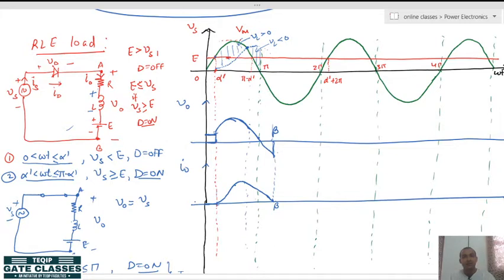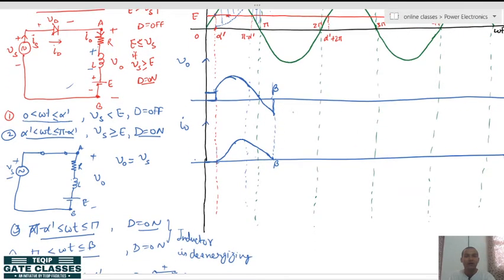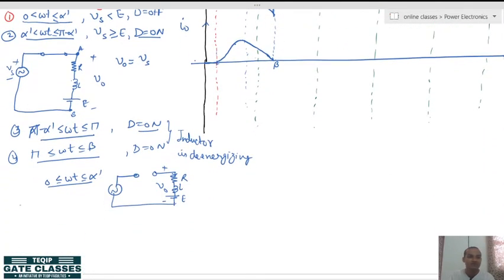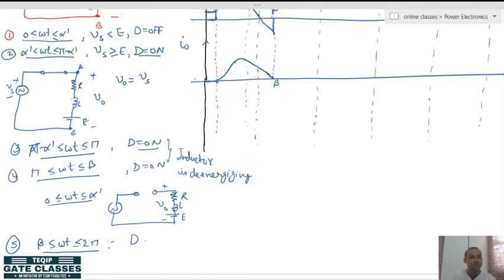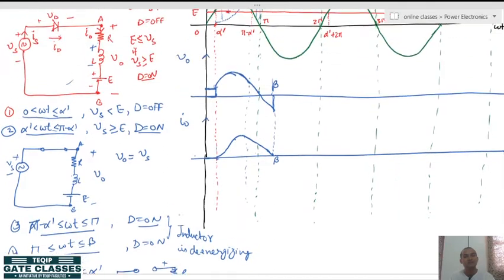Alright, now what will happen after beta? Now our fifth instant we are taking is beta to 2 pi. When we are talking about beta to 2 pi, we know that the diode is off because of reverse bias due to E and also due to the supply. So when the diode is off, this circuit is applicable.